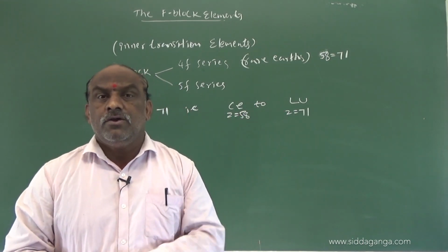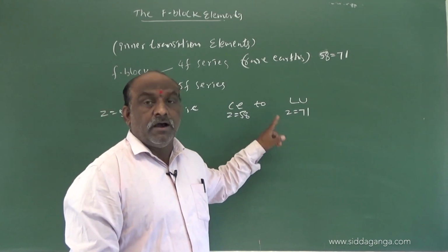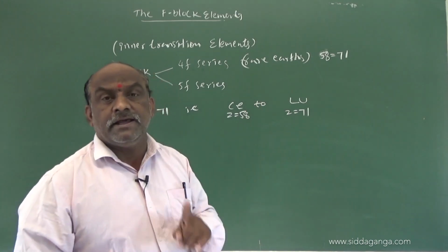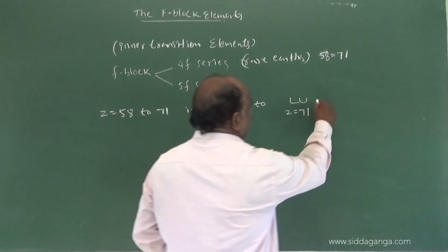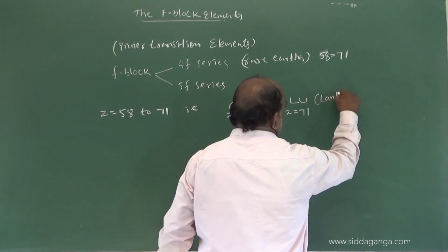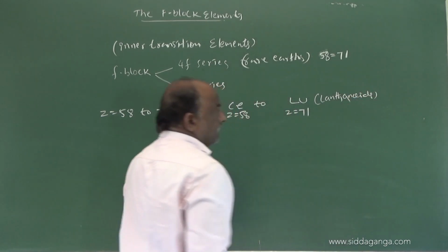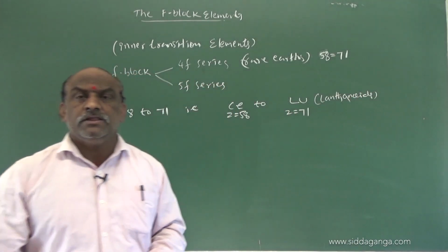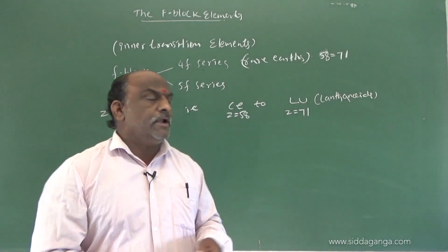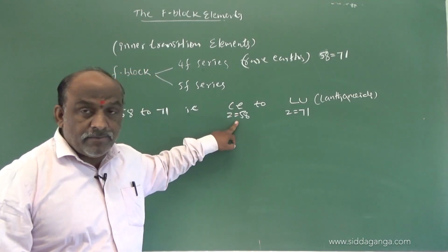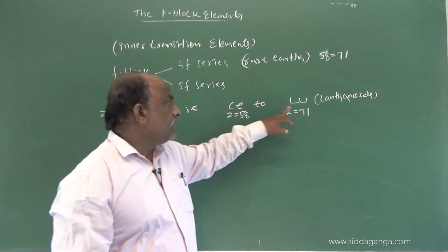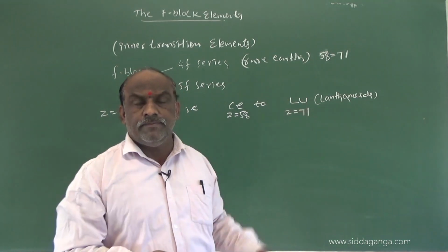These 14 elements are said to be lanthanoids, atomic number 58 cerium to atomic number 71 lutetium.